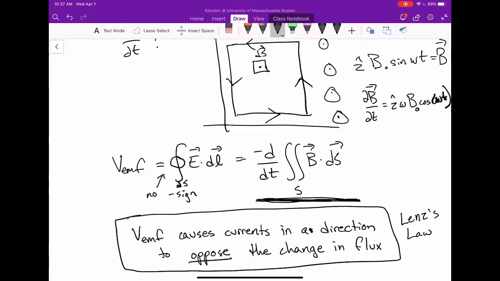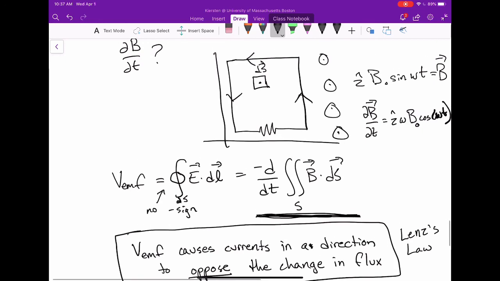For the sake of our particular problem, that means that let me draw the voltage on our example diagram here. That would be that way, which would mean, since it's a source, we would have a current going that way along the direction of the contour.